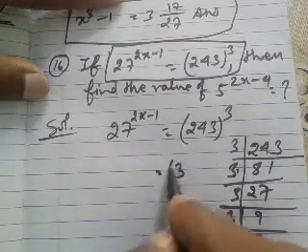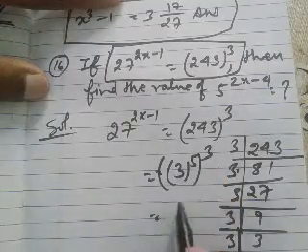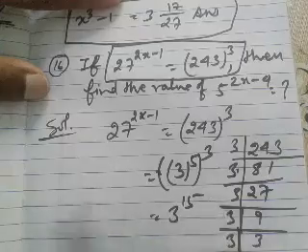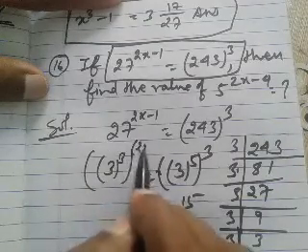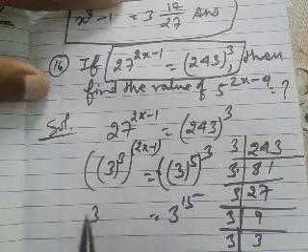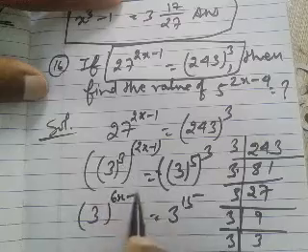We can write 3 raised to the power 5, and its power is already given as 3, so we can write 3 raised to the power 15. Here 3 raised to the power 3 and its power already given is 2x minus 1, so we can write 3 raised to the power 3 times 2 is 6x, and minus 3.